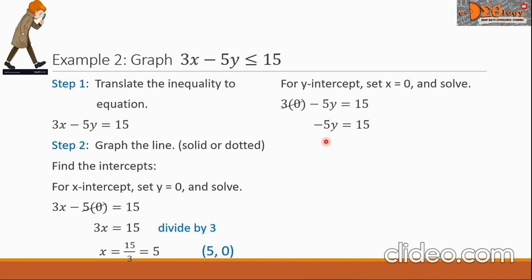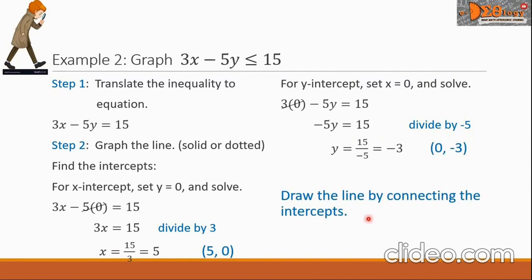We will divide the equation by the coefficient of y, which is negative 5. So negative 5y divided by negative 5 is simply y, and 15 divided by negative 5 is on the right side, and this is equal to negative 3. Writing the y-intercept as ordered pair, we have (0, -3).